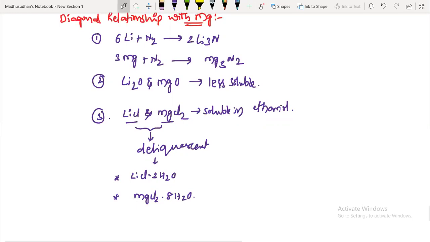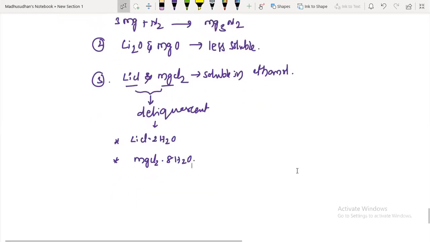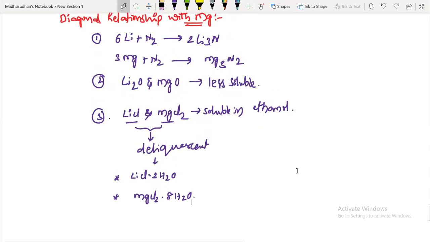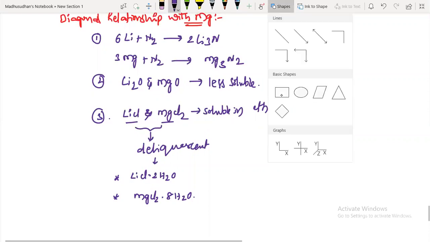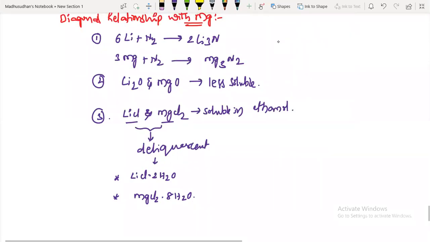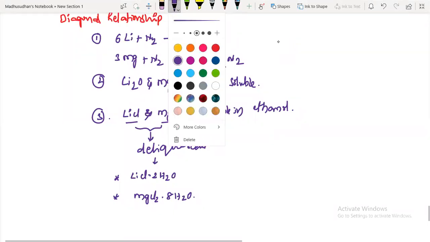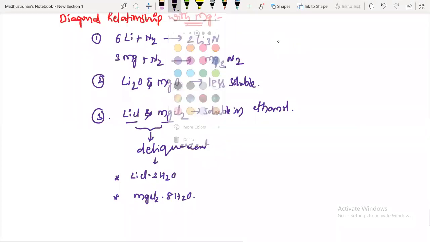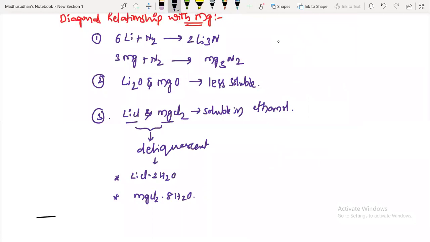Okay, so this is about the diagonal relationship. Now we'll go for some important compounds of first group elements.